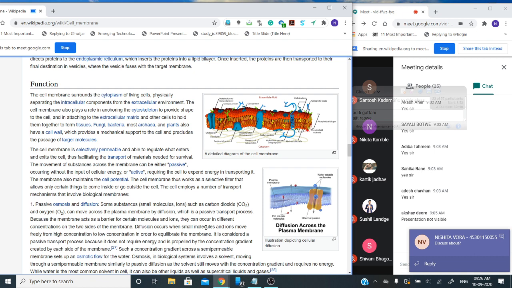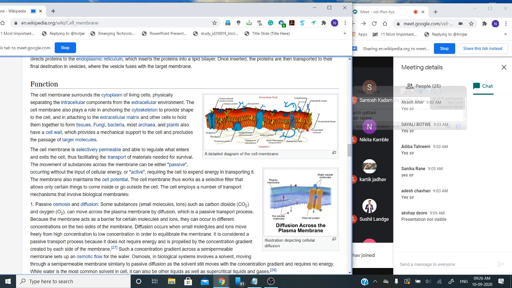The cytoskeleton is there, and an additional benefit is anchoring the cytoskeleton to provide the shape of the cell. It attaches the extracellular matrix and other cells to hold them together, and they form the tissues. For tissues, you can go through Tortora or any physiological book.